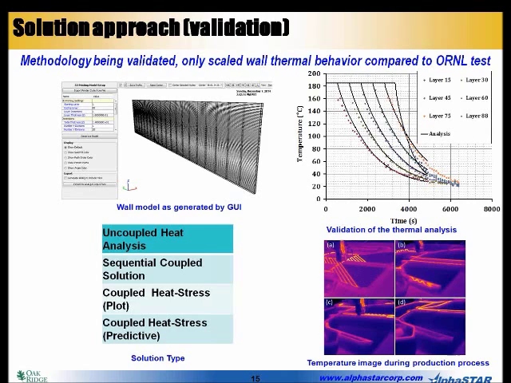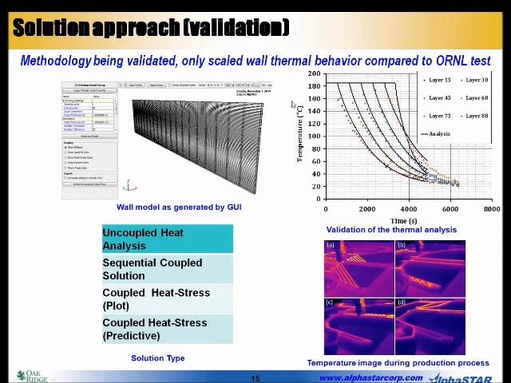Oak Ridge National Lab produced and tested a so-called wall model, which you can see on the top left. The wall model was produced, and during the production, the thermal behavior was recorded.